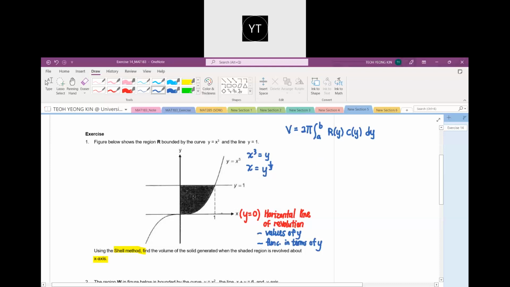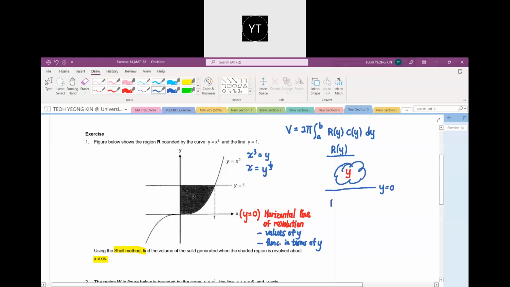So if this is revolved, first we try to find R(y). How to find R(y)? You can see that the shaded region is above the line y equals 0, the line of revolution. We will assume the region as y.